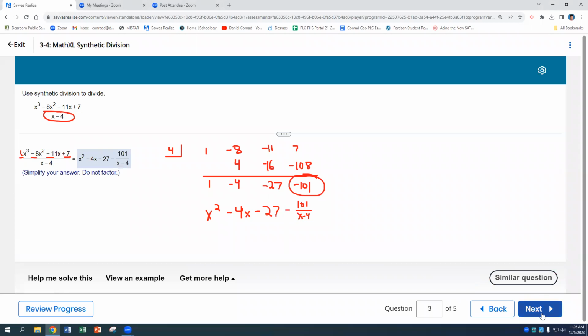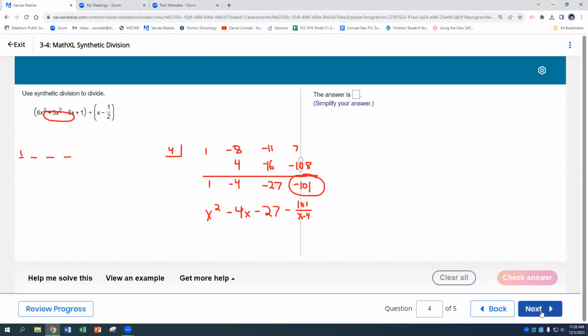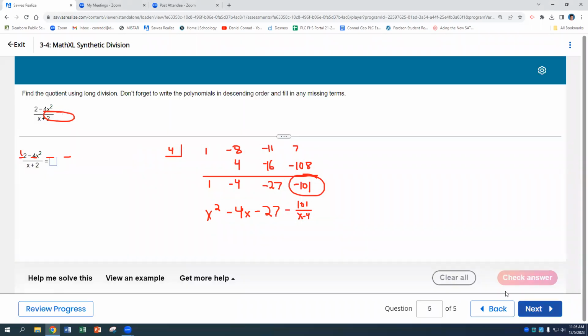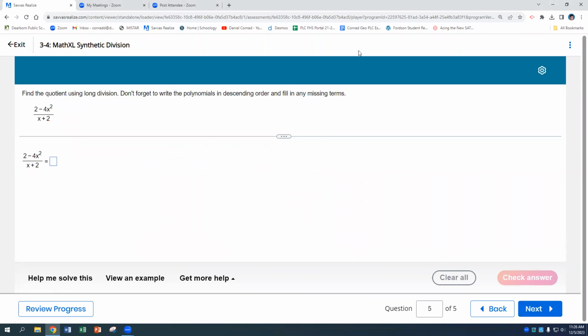All right, let's do one more. Let's do this one. So I'm going to rewrite the polynomial on top: -4x squared plus 0x and then plus 2. And we're going to divide that by x plus 2. All I did was rewrite it with the highest exponent first, and I included the 0x as well.